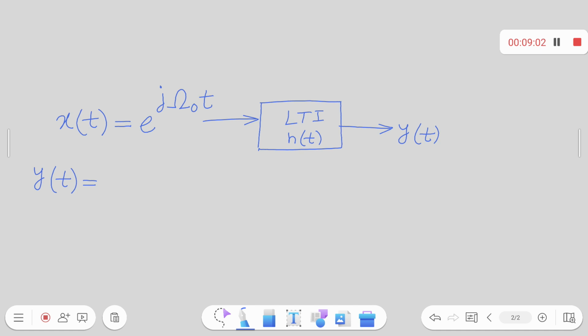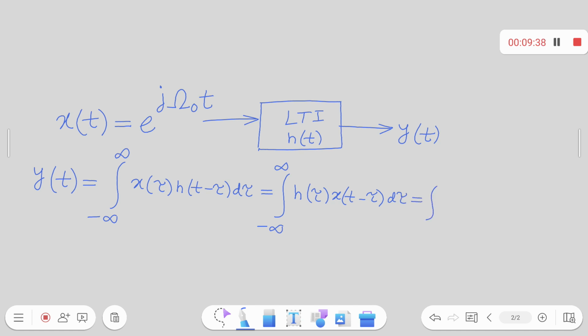This is simple convolution, as you know, because it's an LTI system. So the input-output relationship is given by the convolution. Integral from minus to plus infinity, you can write x of tau h of t minus tau d tau, or as the convolution operation is commutative in nature, you can also write it as h of tau x of t minus tau d tau.